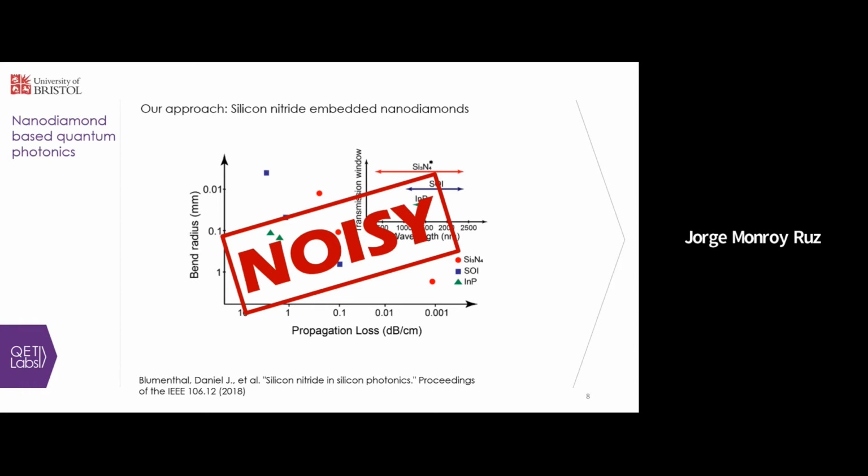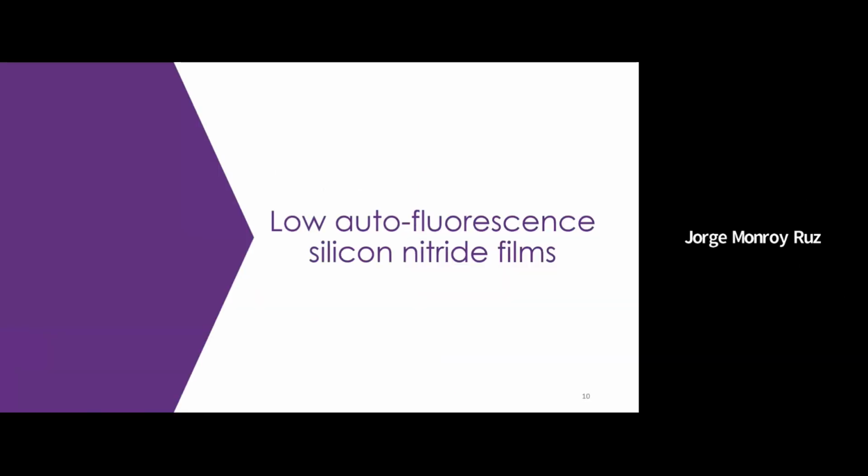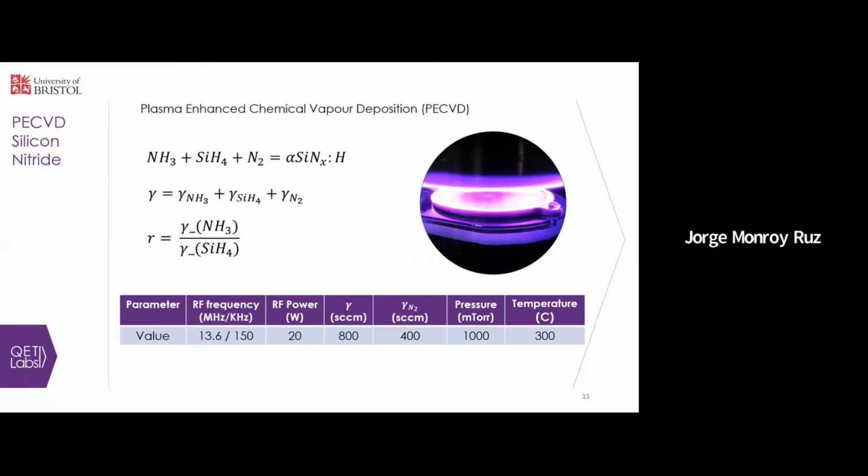It's well known in the literature that if you move the stoichiometry of the silicon nitride, you would move this autofluorescence. So we used plasma-enhanced chemical vapor deposition, PECVD, to create films with different stoichiometry. For those who don't know what PECVD is, you put your substrate in a vacuum chamber, you put some gases, you strike that with a high power radio frequency.